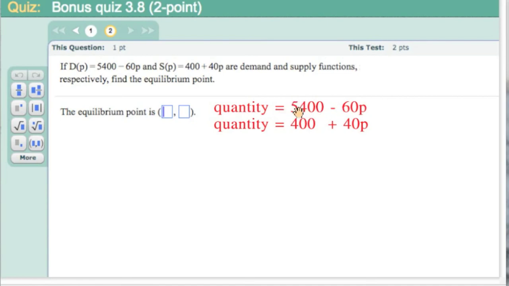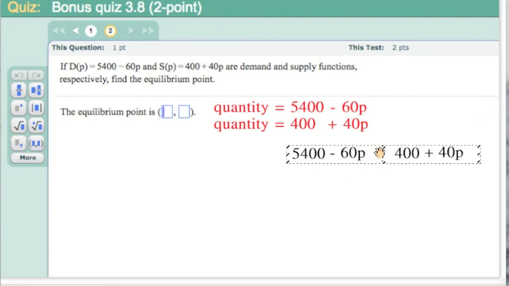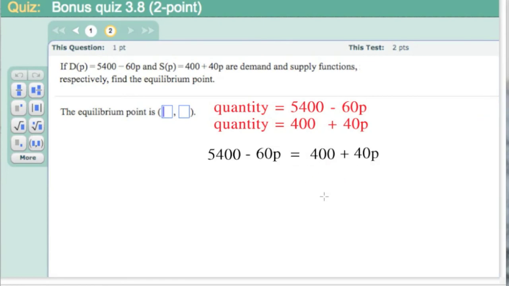Quantity is equal to this, so I'm going to take this and plug it in, and we now have an equation in one unknown, and so we can solve that for P. Add 60p to both sides, subtract 400 from both sides, and I get this, and it's very easy to do. We discover that P is equal to 50. Of course, we're talking about an intersection point.